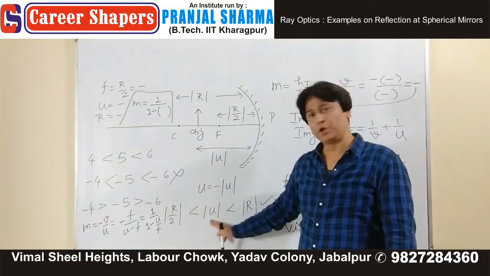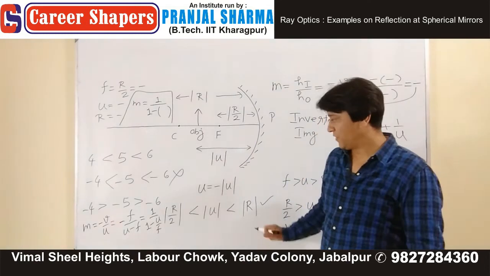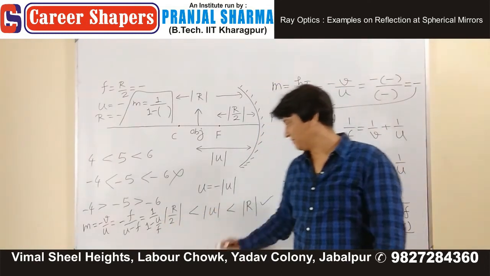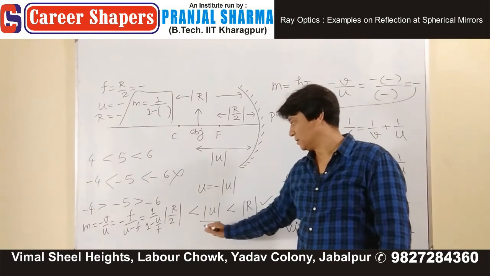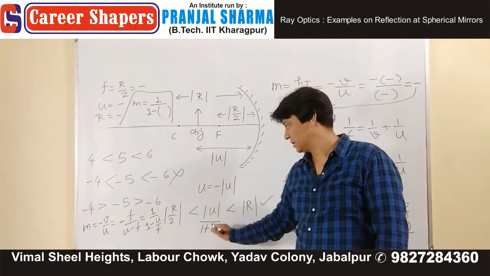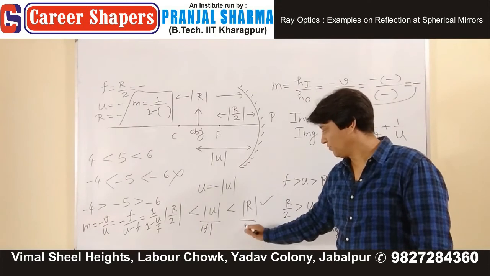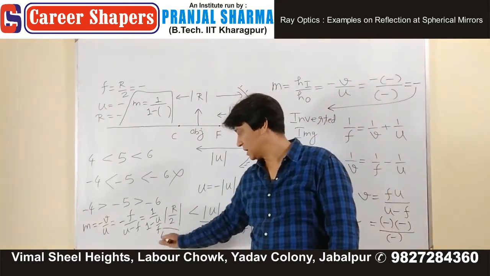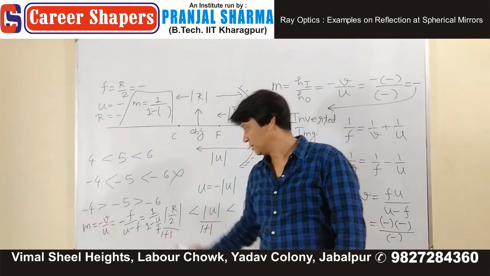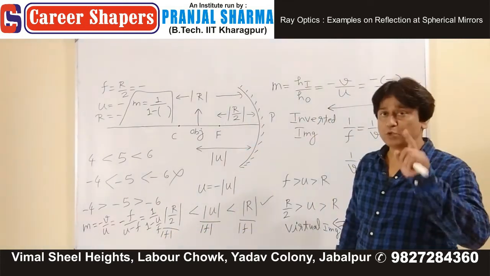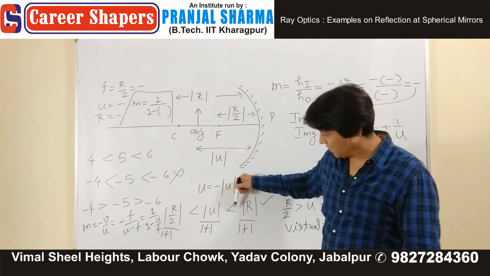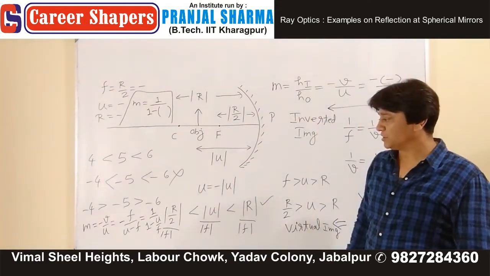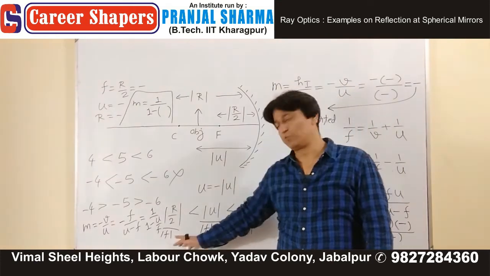This is mod u. If I divide the mod u part by mod of f, I can always do that without changing the equality sign.